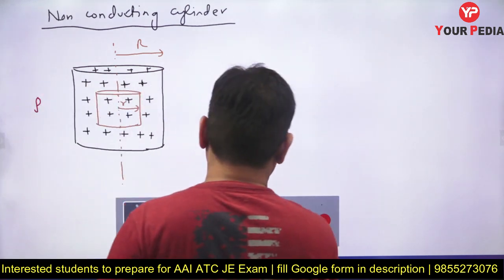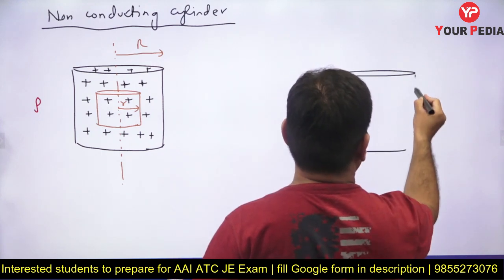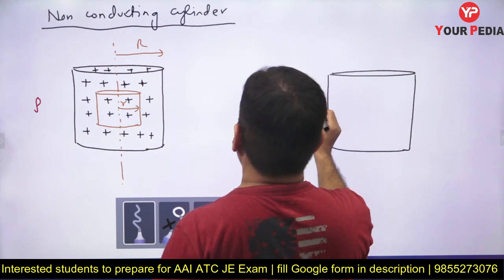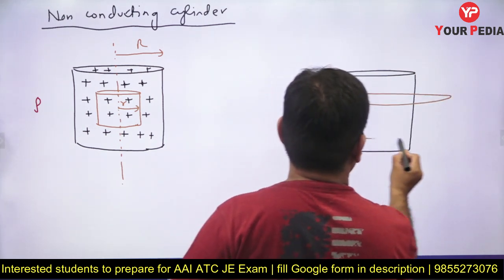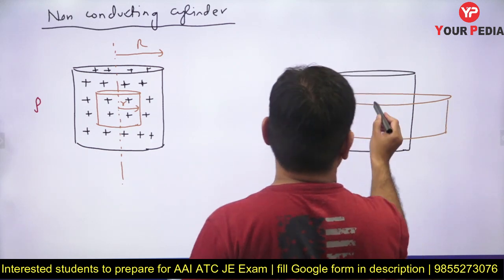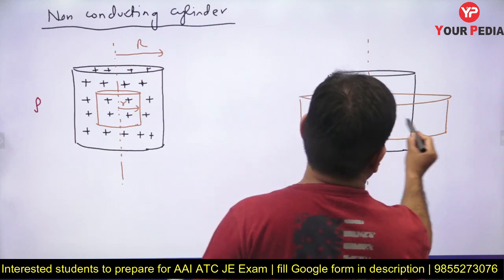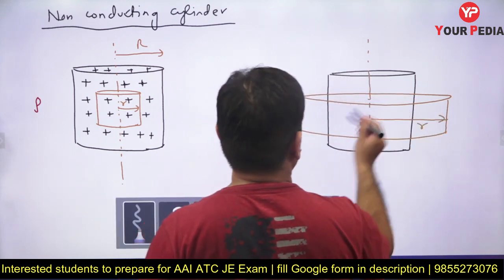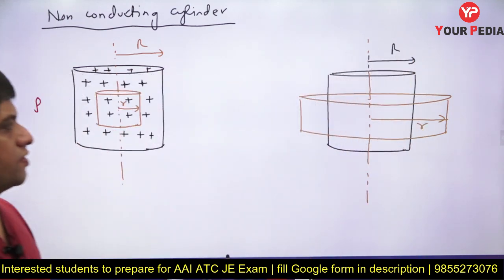There can be another case also, and let me make the diagram. This is the actual non-conducting cylinder which is given to us, and I can take a Gaussian surface of larger size also, something like what we have done earlier, right? So I can take a Gaussian surface of radius r, and the cylinder I have been given has radius capital R. You see this carefully what I have done.